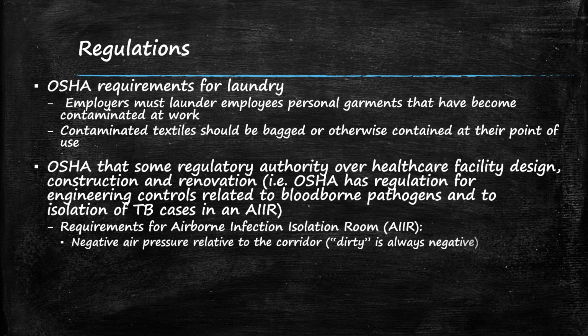Specifically, the room must be negative pressure, and I always remember that anything contaminated or dirty is always negative, so like a soiled utility room must always have negative pressure. An airborne isolation room, negative pressure, that sort of thing.